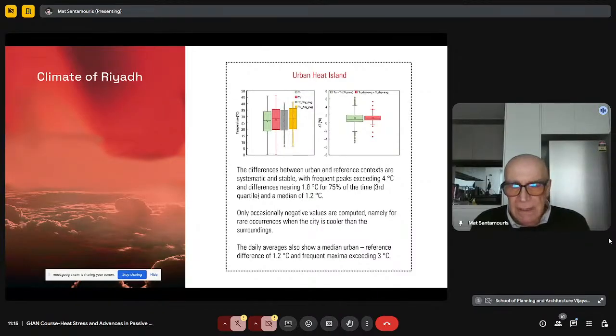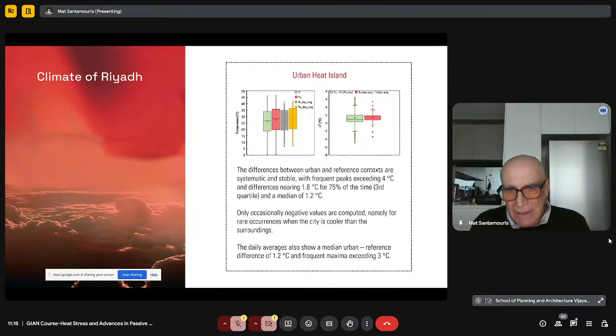And we calculated the distribution of the temperature difference and also the overheating at the city scale. And also we considered some reference stations which are located in the suburban areas, not influenced so much by the urban conditions.